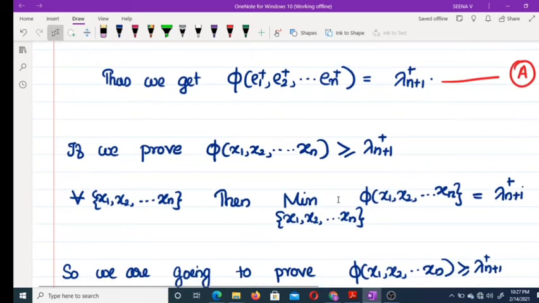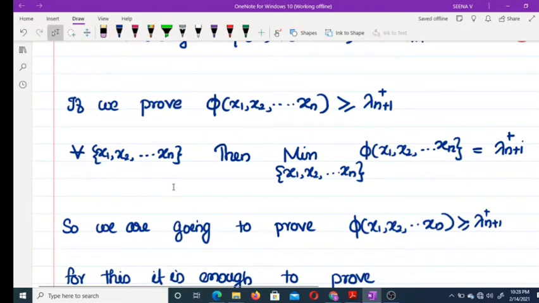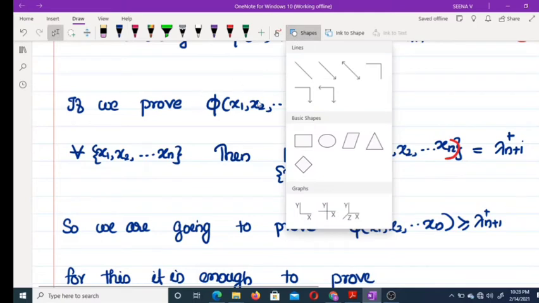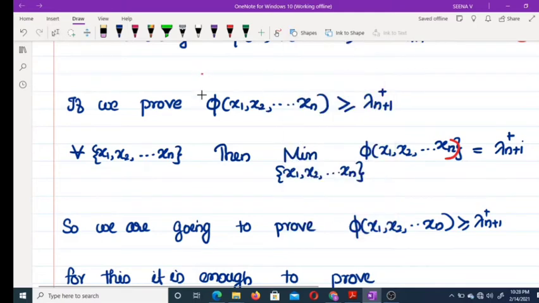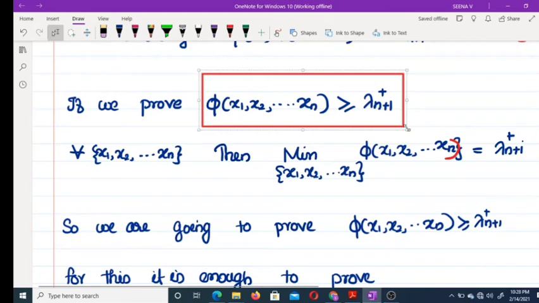So to prove the result, if we prove phi of x1, x2, etc., xn is greater than or equal to lambda n plus 1 plus for every x1, x2, etc., xn, then the minimum of phi of x1, x2, etc., xn is equal to lambda n plus 1 plus. So we have to prove this. If we prove this, then we get the proof of our corollary.